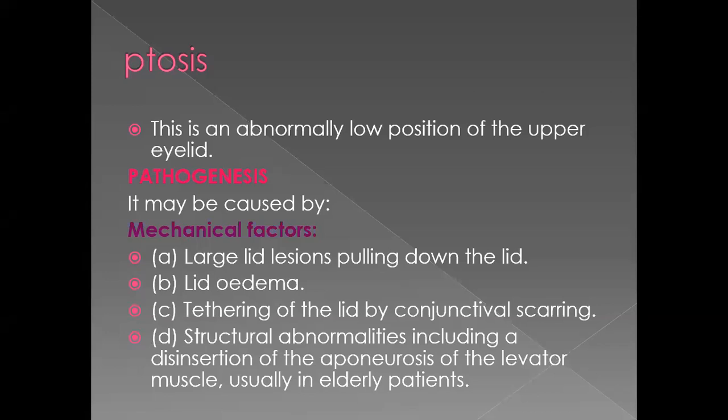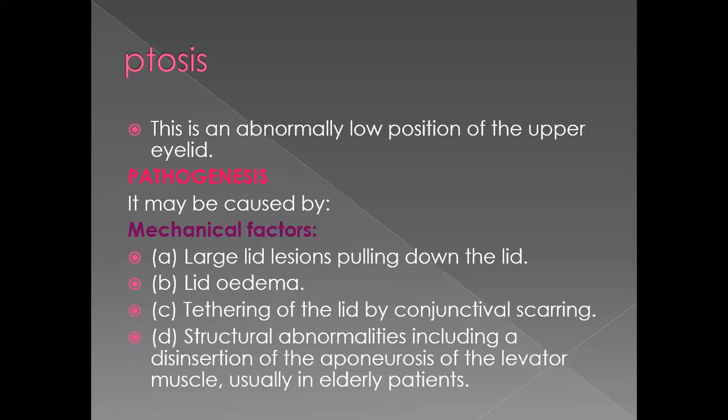Now, finally, there are structural abnormalities, including a disinsertion of the aponeurosis of the levator muscle, usually in elderly patients. This is also one of the mechanical factors. In old age, the levator palpebrae superioris, you know that it has a belly part, that is the muscular part, and the other is the aponeurotic part. So, like many other skeletal muscles of the body, it has a muscular part and an aponeurotic part.